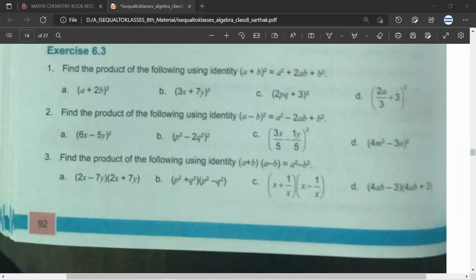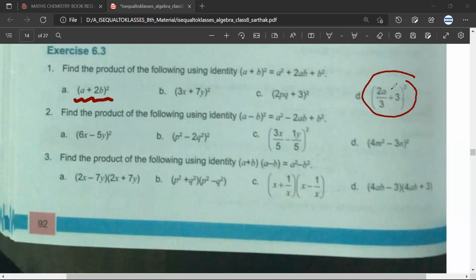See, in these questions, for example, this is an easier question. I'll try to do a seemingly difficult question. So, for example, 2a upon 3 plus 3 whole square.